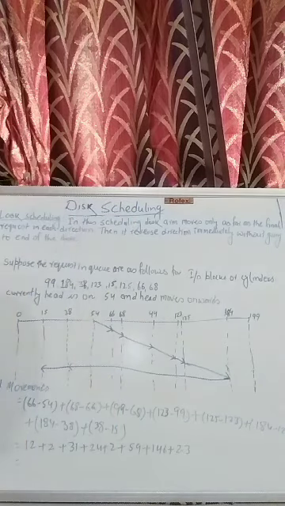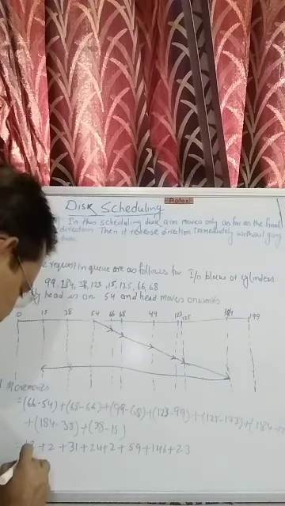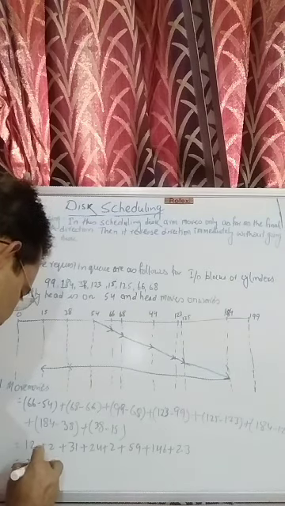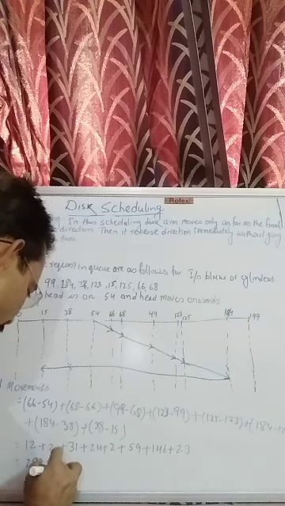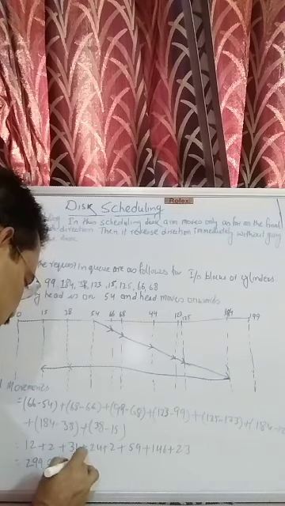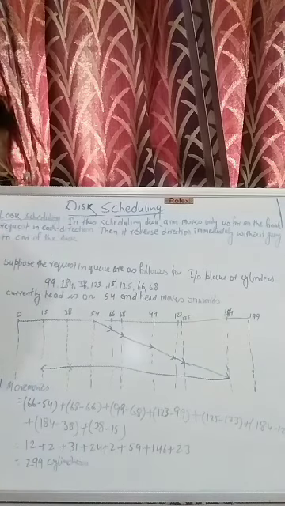The total head movement in this case is 299 cylinders. This is look scheduling.